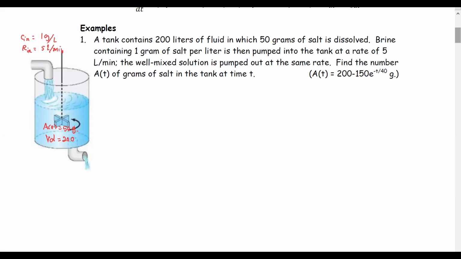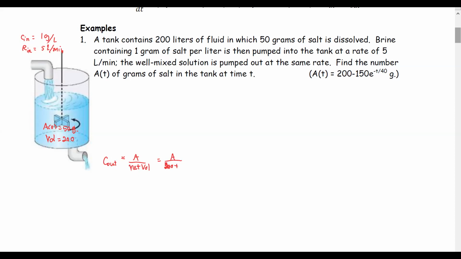It's also pumped out at the same rate. So the concentration coming out would be the amount of salt at time t divided by the net volume. The net volume is originally 200 liters, with liquid coming in at a flow rate of 5 liters per minute.